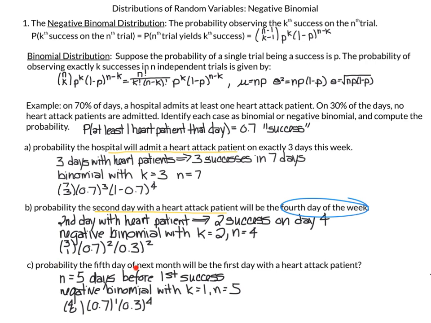Finally, probability the 5th day of next month will be the first day with a heart attack patient. We're looking for probability of a 5th day. So it sounds like we're counting the number of days, or figuring out how many days. And this is what we're looking for, the first day with a heart attack patient.